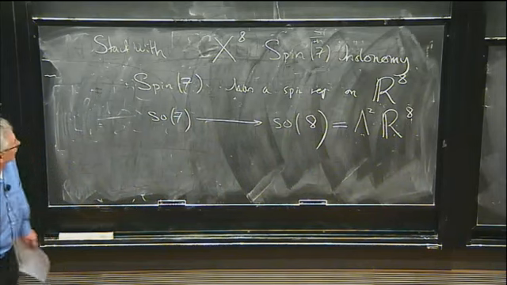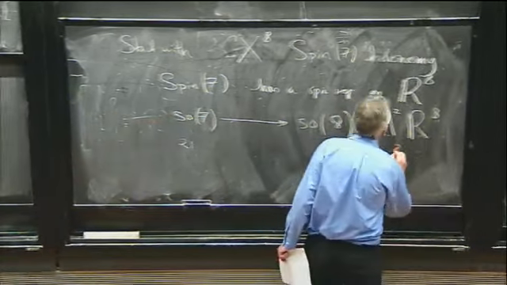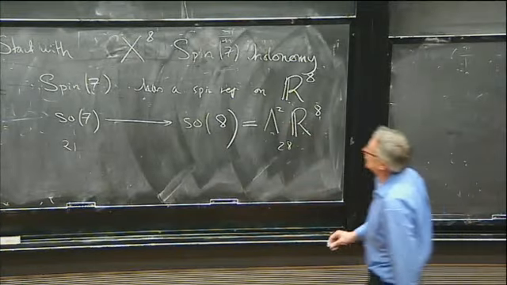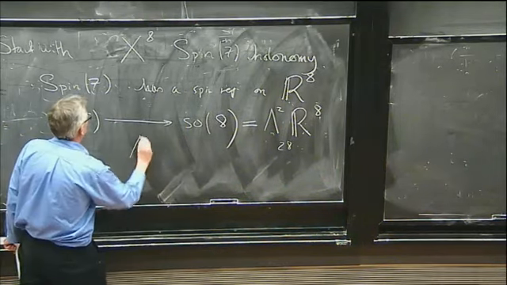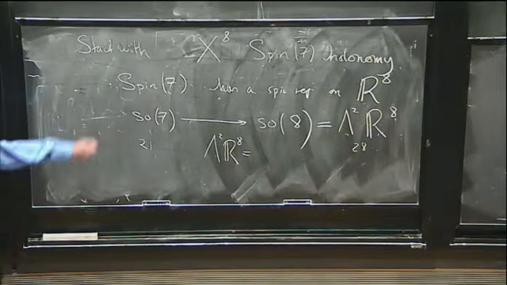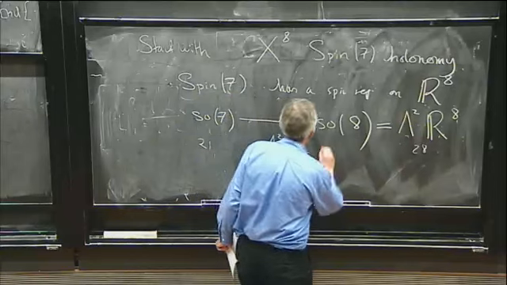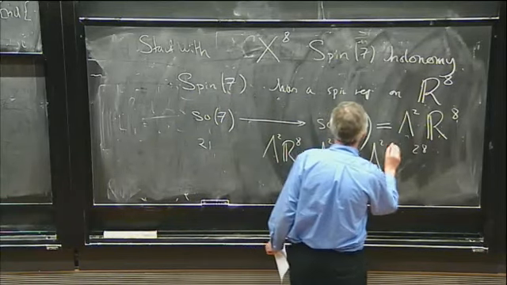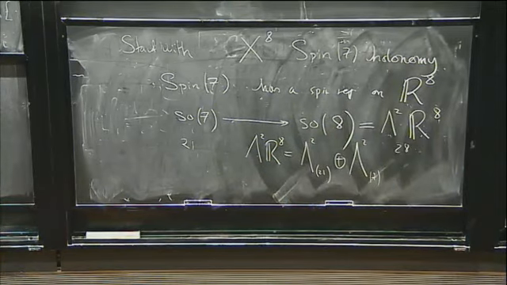On the other hand, this has dimension 21, and this has dimension 28, so it has to be properly injective. So we have a decomposition of lambda 2 R8, invariant under Spin(7), into the image of this map, which is a 21-dimensional space, plus a 7-dimensional orthogonal complement.